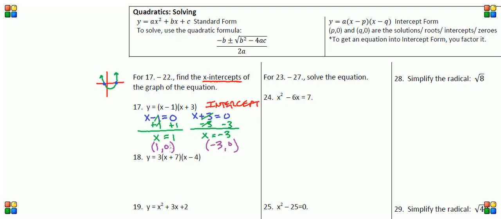Remember, class, for x-intercepts, the y value will always be 0. Don't flip these around. If I wrote this as (0, negative 3), I'm actually giving a y-intercept and not an x-intercept. So be careful about how you write your coordinates, because you'd be specifying 2 points that are actually on the y-axis.